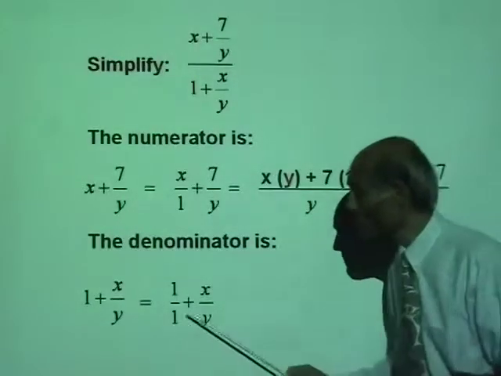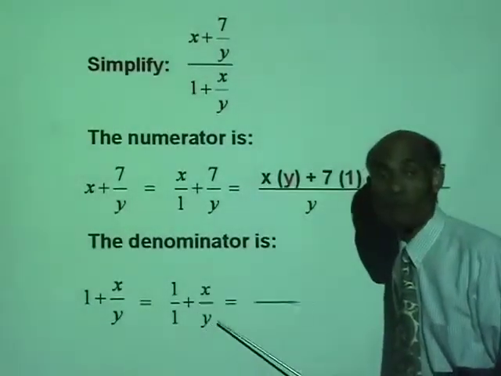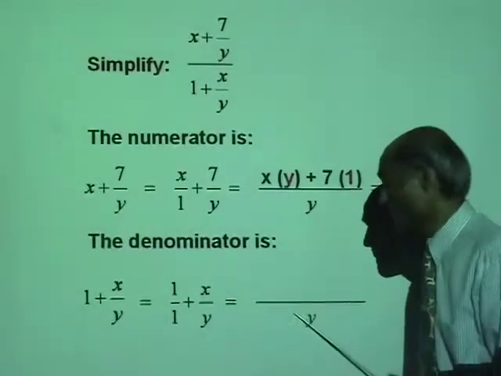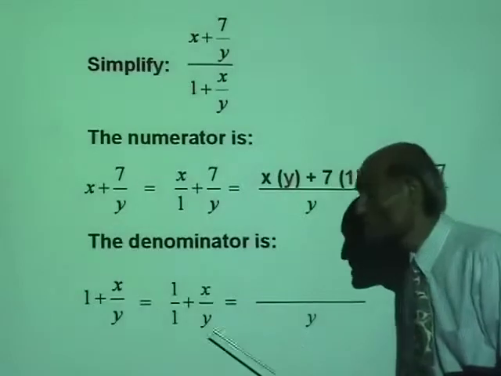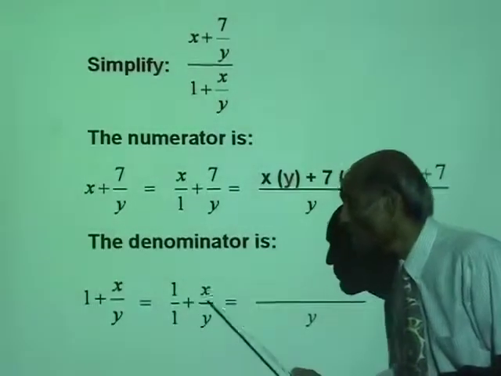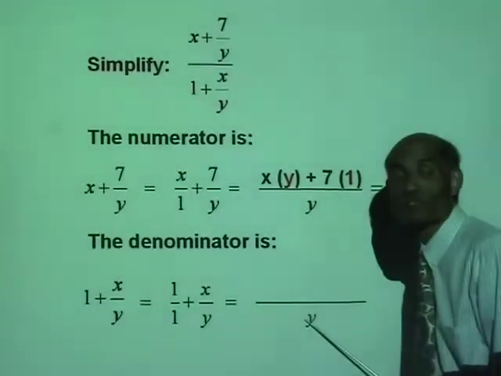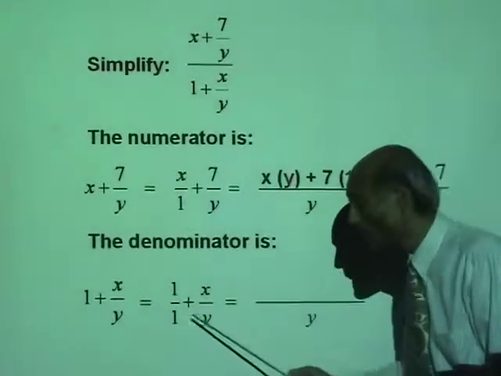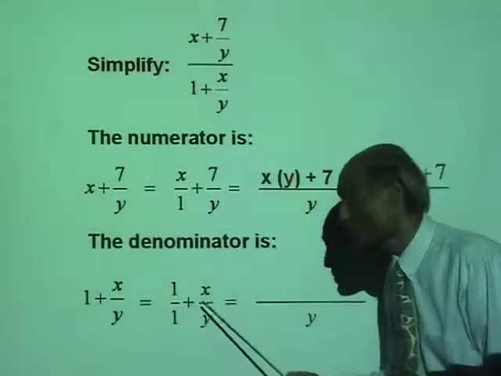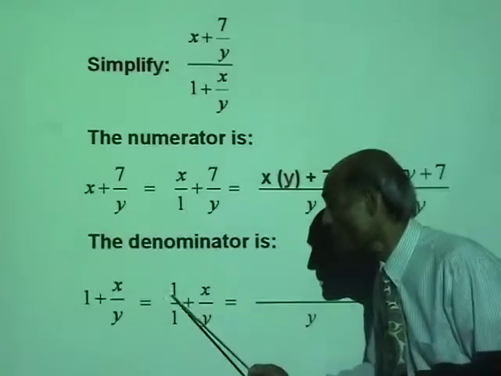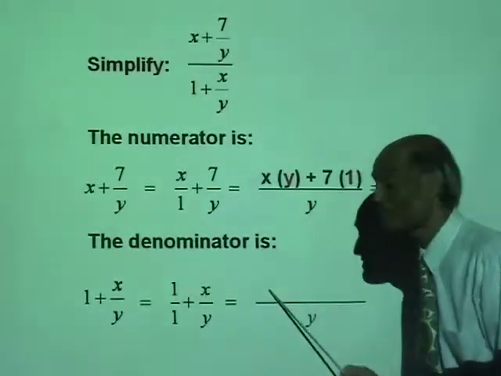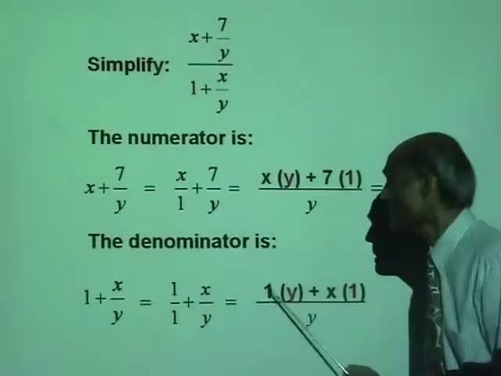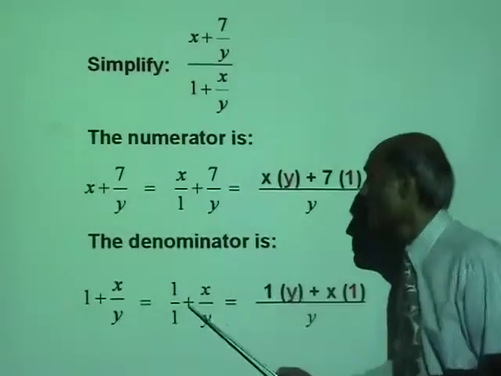What is the common denominator here? The common denominator is y. Alright, what is the factor that is missing here from the common denominator? It is y. y is missing here. So the 1 on the top here will be multiplied by that missing factor. So that will be 1 multiplied by y plus.